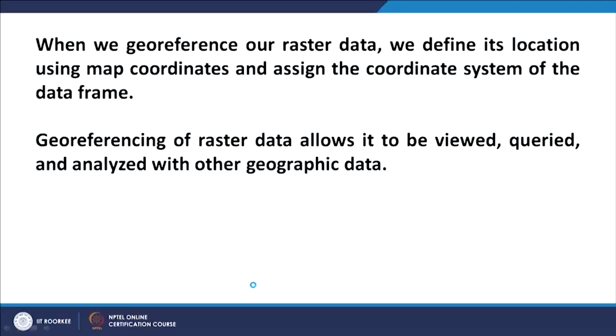So we assign the geographic coordinate system, which involves basically 3 steps, which we will discuss, and in the demonstration we will also see how it can be done. Georeferencing of raster data will allow us to view, query and analyze it with other geographic data, only if the data has been georeferenced.